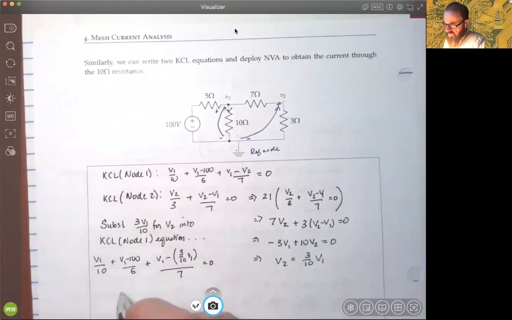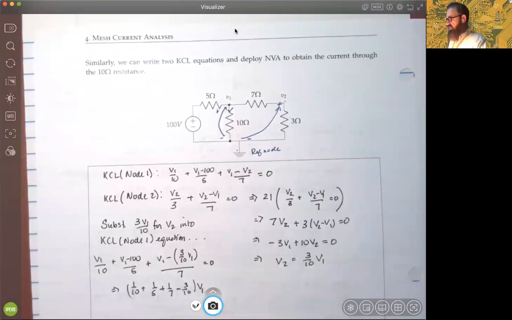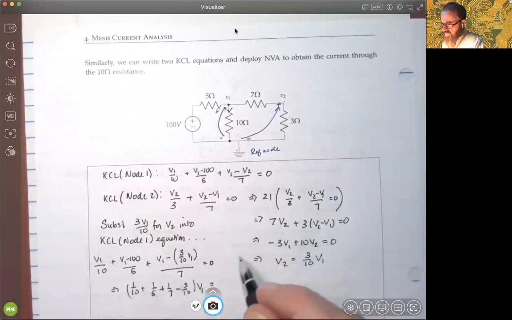And with some collection of terms here, you can see what the coefficients are going to be on the V1. You're going to have 1/10 plus 1/5 plus 1/7 minus 3/10, all of that times V1, is going to be equal to negative 100 over 5, which is negative 20.